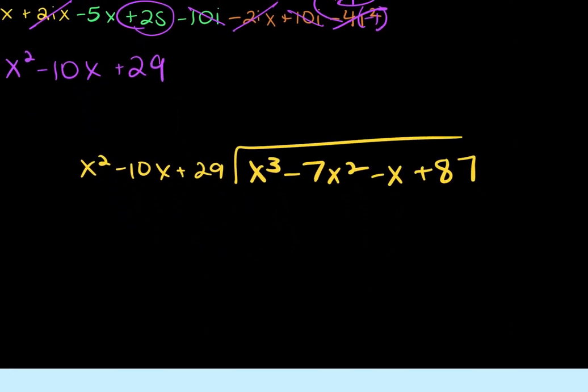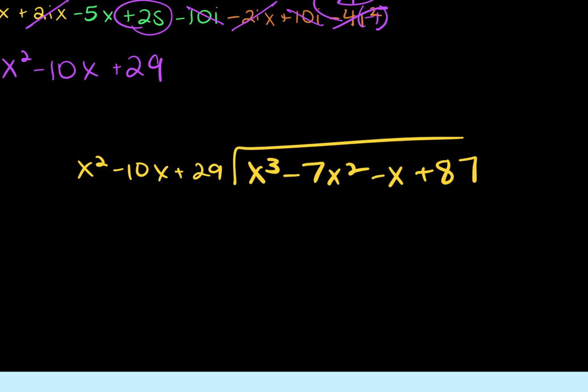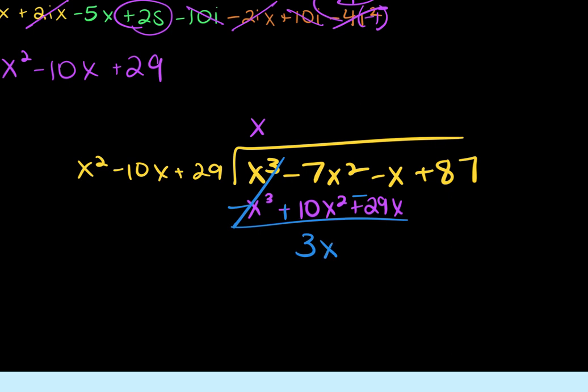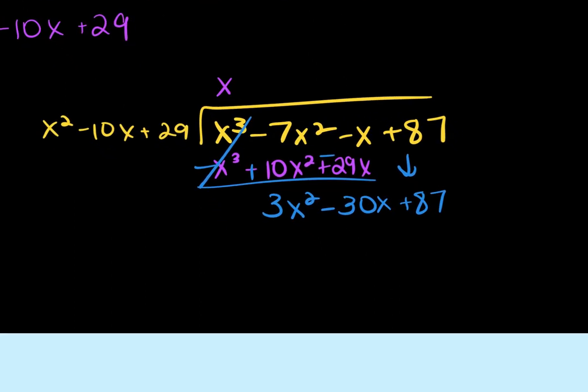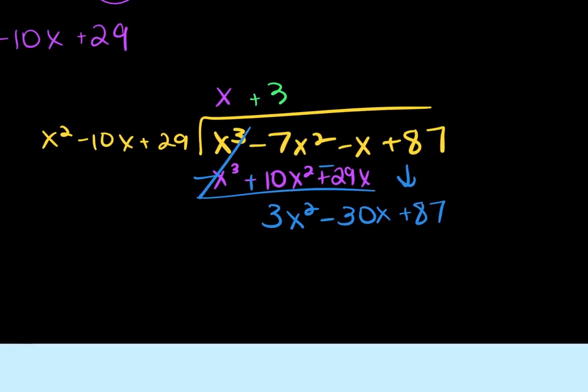What do I have to multiply x squared by to get x to the third? x to the third minus 10x squared plus 29x. Change your signs. This cancels. 3x squared minus 30x. Bring down the 87. What do I multiply by? 3. 3x squared minus 30x plus 87.